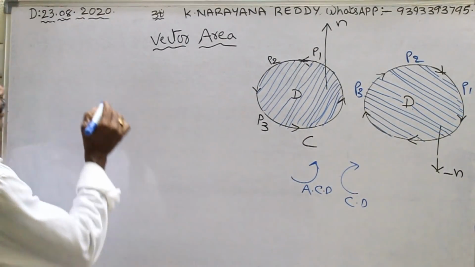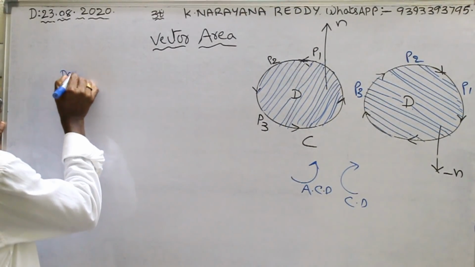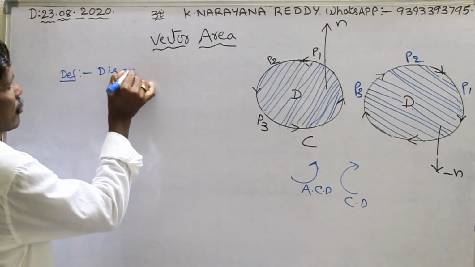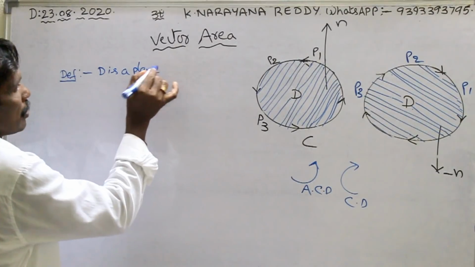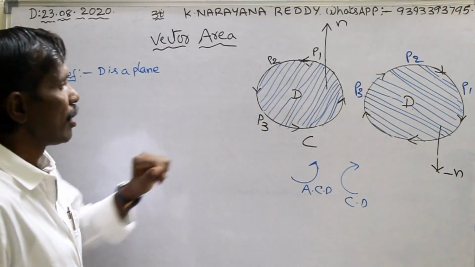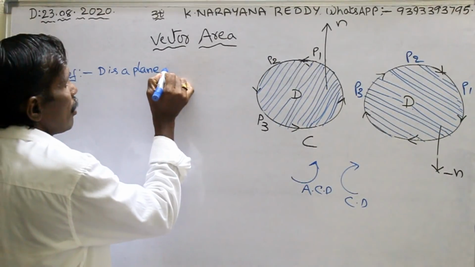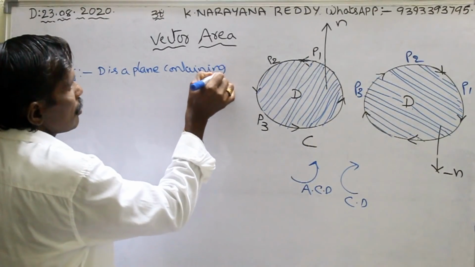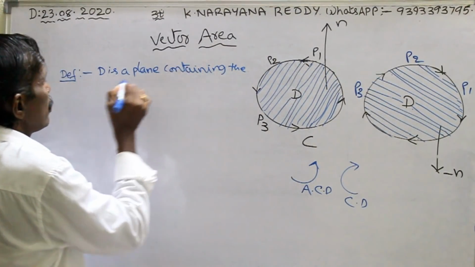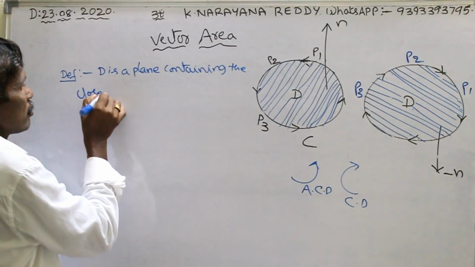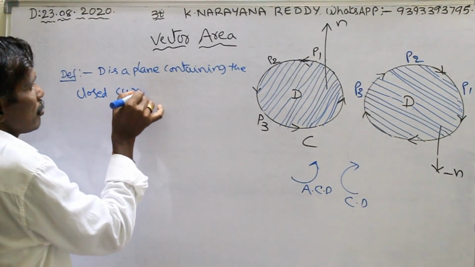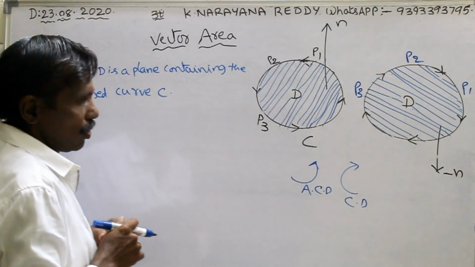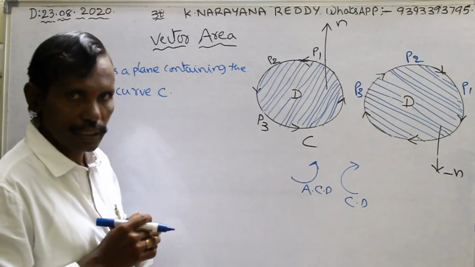See here, definition. D is a plane containing the closed curve C. Already you know about closed curve: starting and ending points are the same in a closed curve.